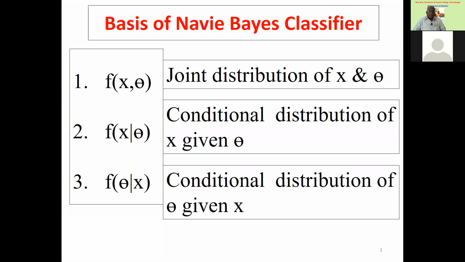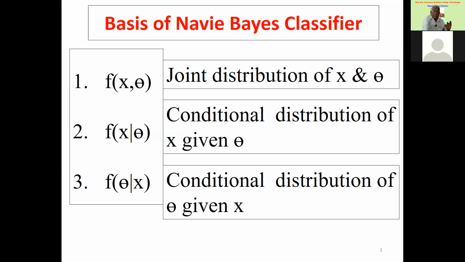The Naive Bayes classifier assumes sample information is known, and based on the sample information, the Naive Bayes concept tries to come up with the most possible value of theta. That is the basic idea of Naive Bayes classifier.